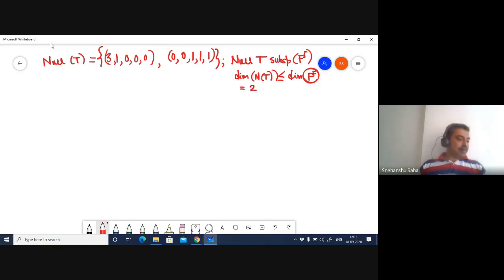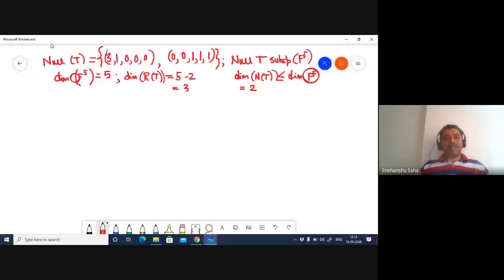Now, since the dimension of F5 is five, clearly, then the dimension of range of T will be 5 minus 2, which is equal to 3.